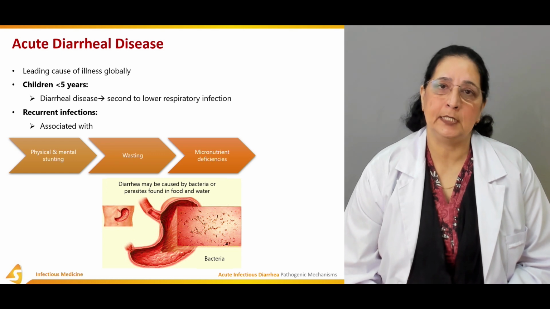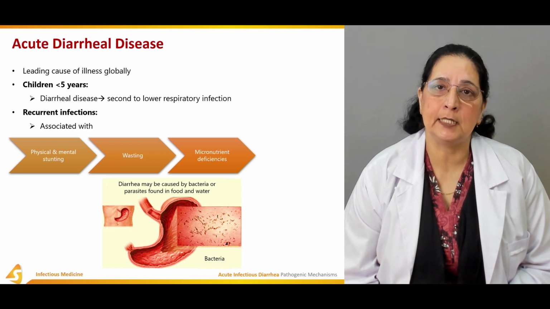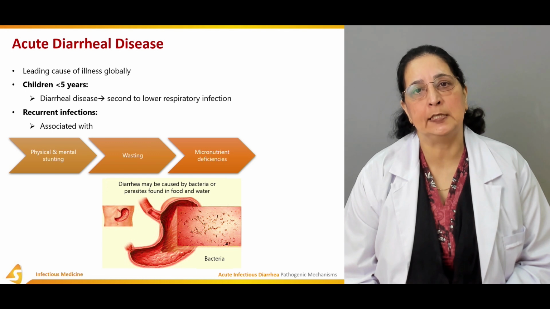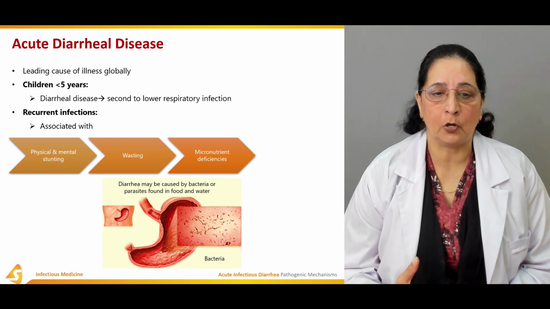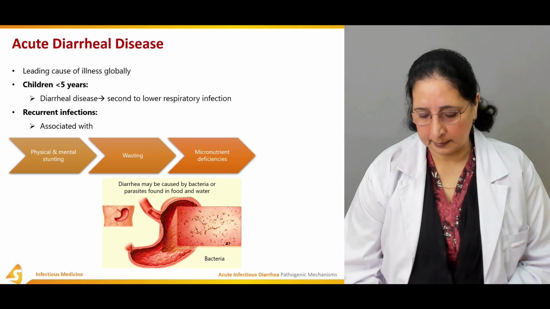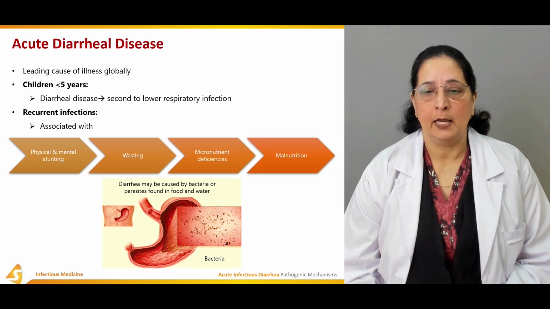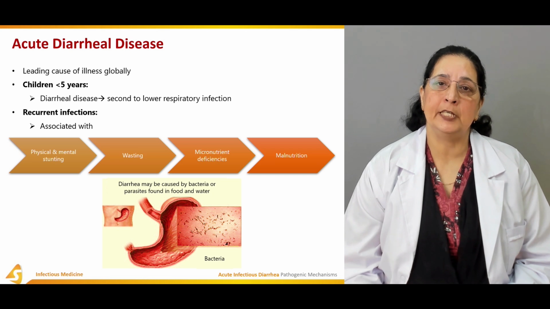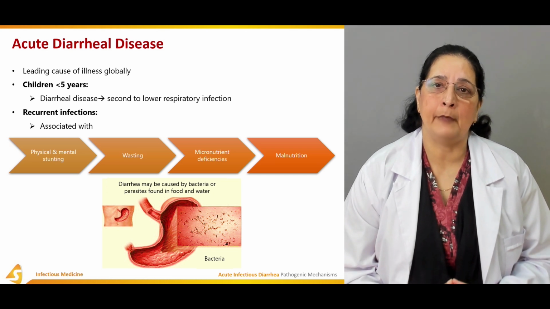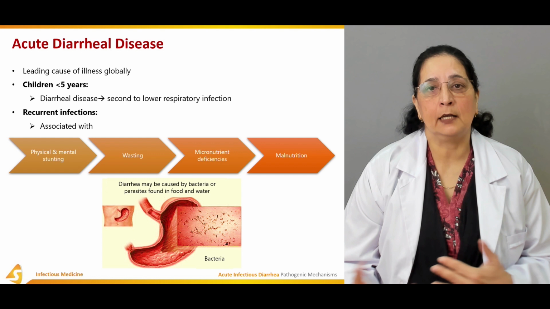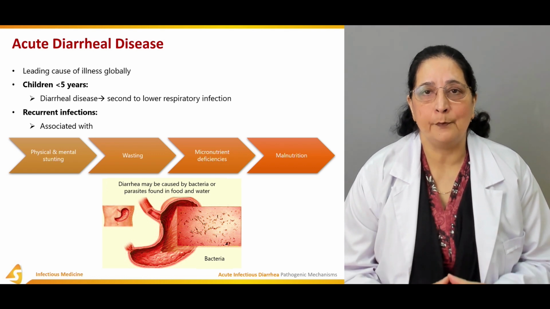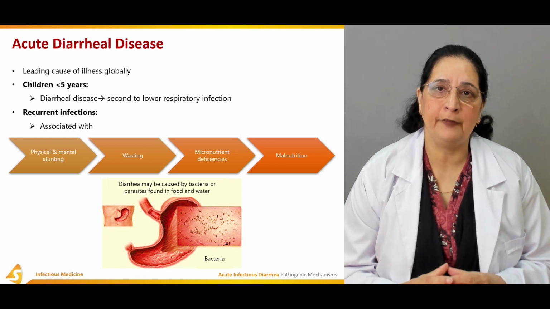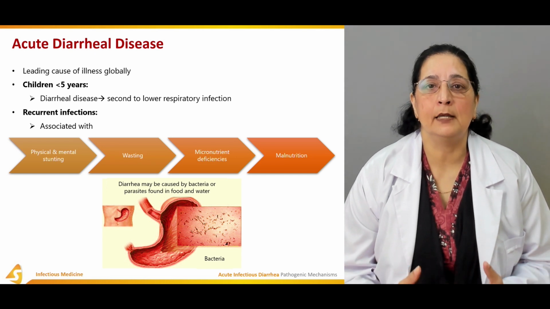Micronutrient deficiencies, different nutritional deficiencies can also lead to recurrent episodes of infectious diarrhea. And the same if there is a deficiency, malnutrition can occur as a result of dietary deficiency. People who are malnourished are weak, they have recurrent episodes.